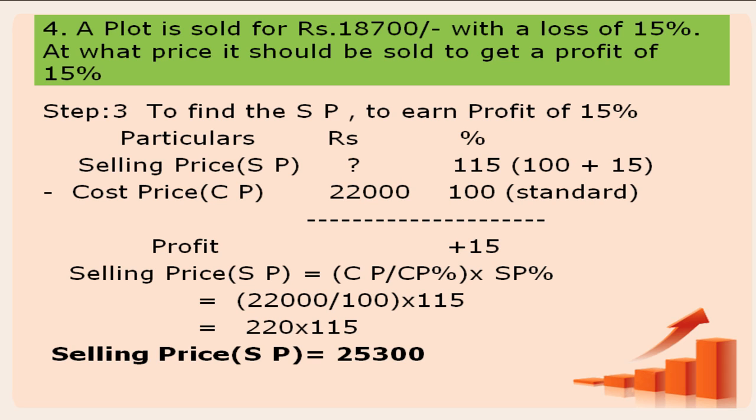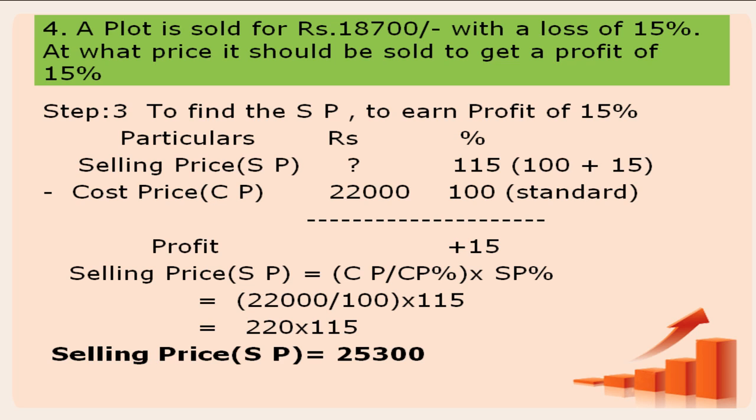Here we have to find out the selling price to earn a profit of 15 percentage. Profit is equal to 15 percentage. Cost price percentage remains fixed or standard at 100. So selling price percentage is equal to cost price percentage plus profit, that is equal to 100 plus 15, that is equal to 115. So we have to find out the selling price in rupees.